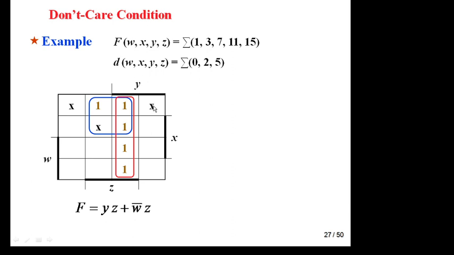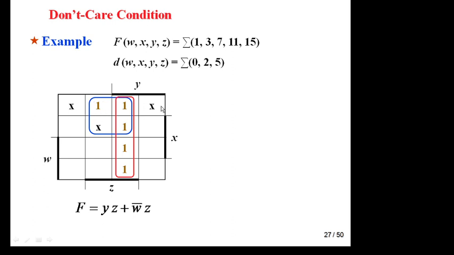Why? Because this one is involved in this group, this one is involved in this group or this group, so you can leave this quad. If you do not consider this, you can make one quad here.